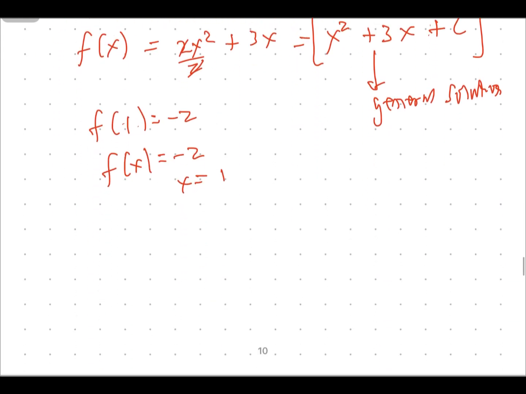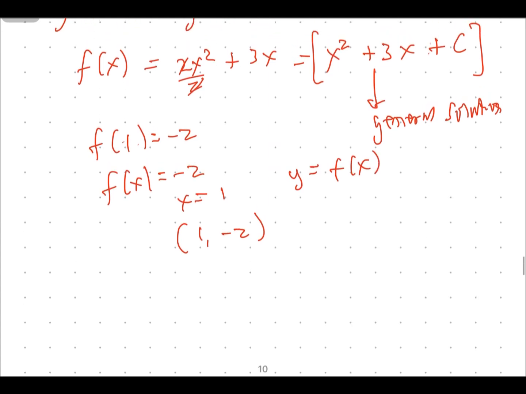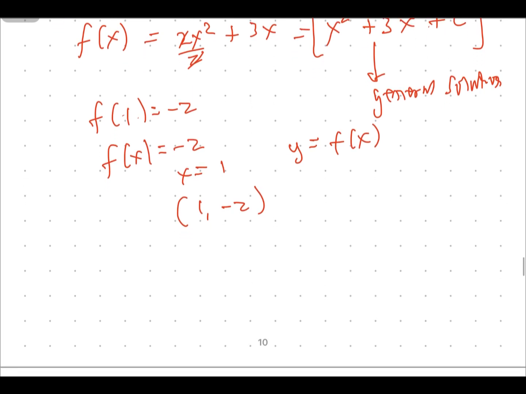Based on that, I wrote a point, 1 and negative 2. So our y can represent f of x, when we bring it down to a basic level. And therefore, this can help us find the value of c.